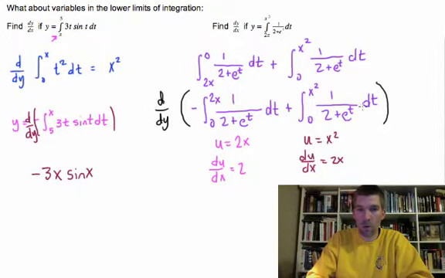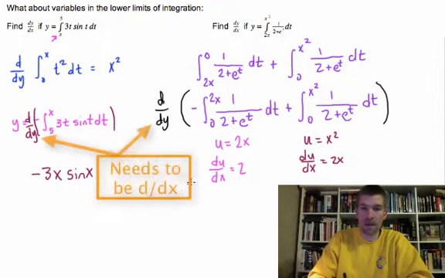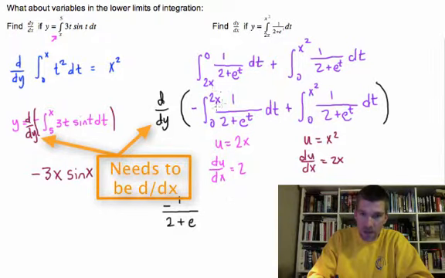of this whole thing right here, what I'm going to get is negative 1 over 2 plus e, and then instead of a t, I've got to put my upper limit of integration.